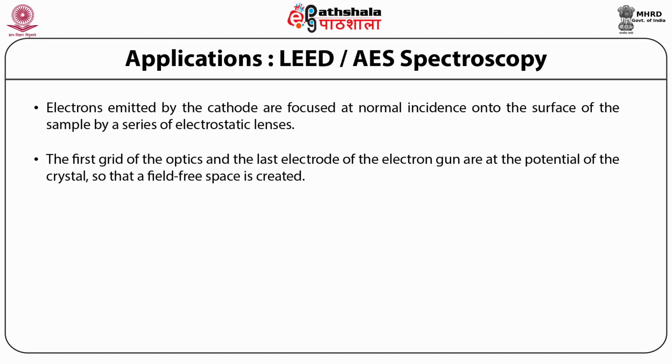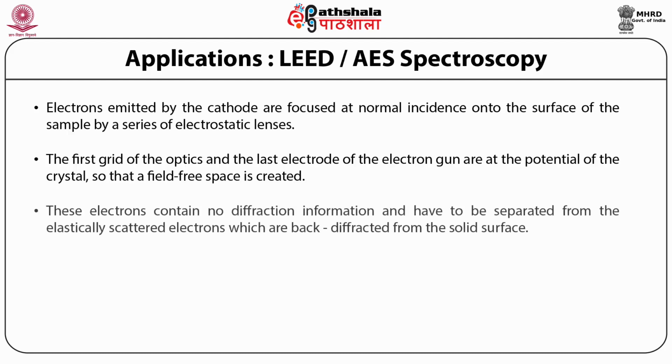The majority of the electrons backscattered from the crystal have lost energy in the scattering process. In elastic scattering, these electrons contain no diffraction information and have to be separated from the elastically scattered electrons, which are back diffracted from the solid surface.